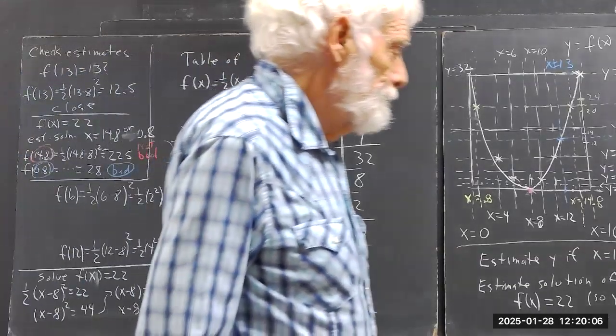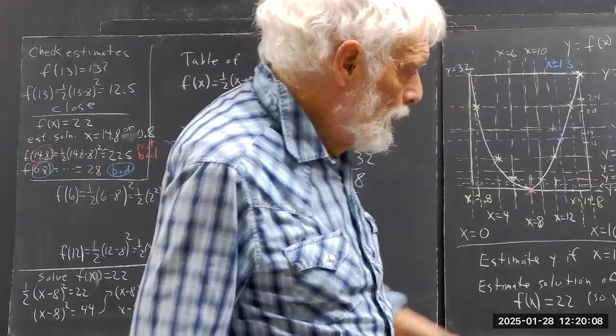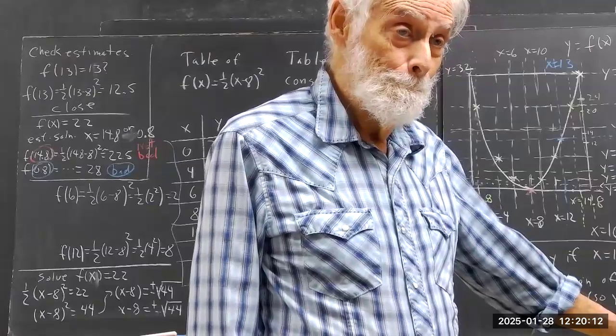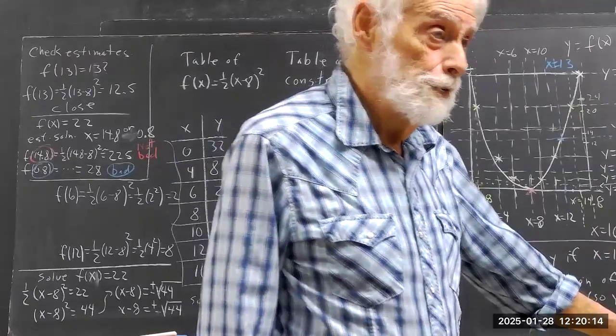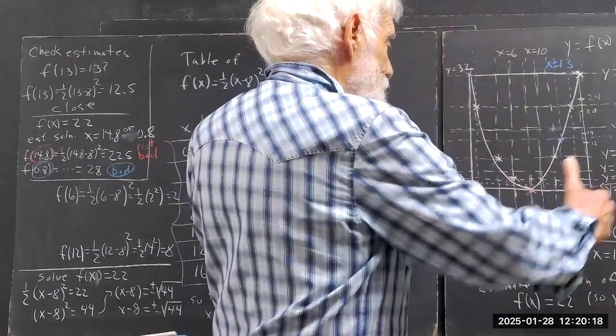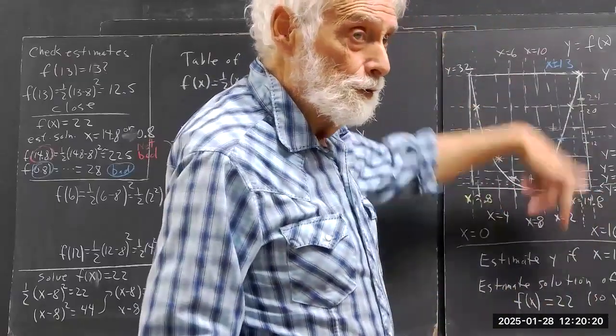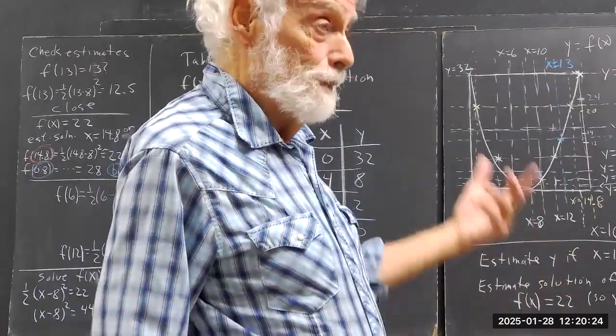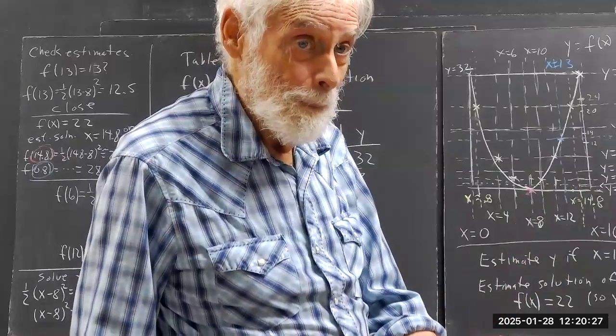Now there's kind of a secret to how I got the 1/2 here. It comes out fairly easy. I've got 32 up here and I've got 16 over here. And 32 is twice as big as 16, right? So that wasn't too hard to figure out.